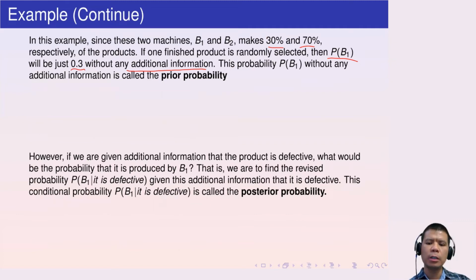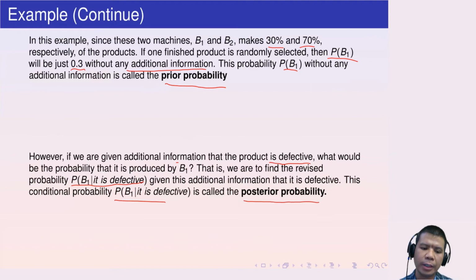This probability of B1 is called the prior probability. The prior probability is the probability without any conditional information. If we are given some additional information that the product is defective, then this conditional probability is called the posterior probability, because now we are given a condition. One is the prior probability, and then we have the posterior probability.